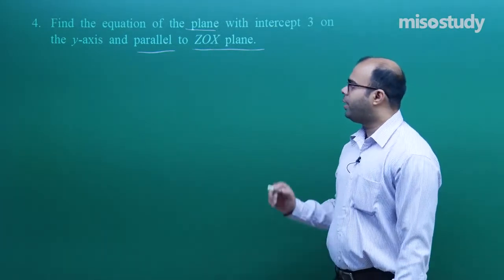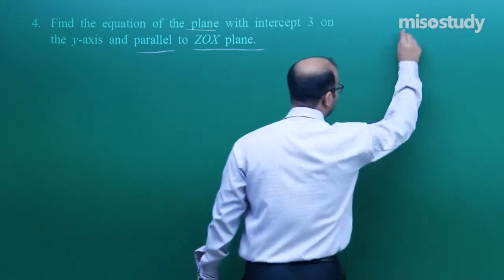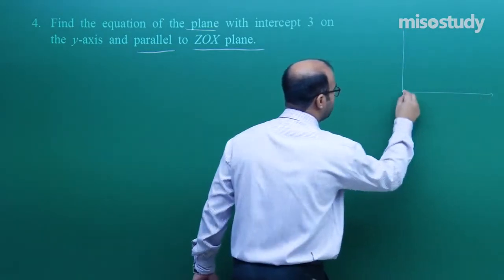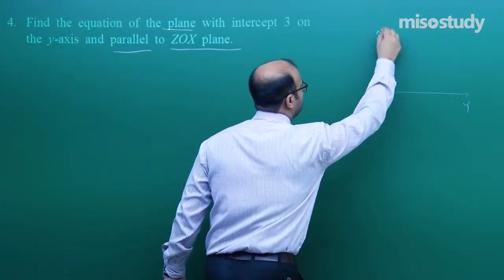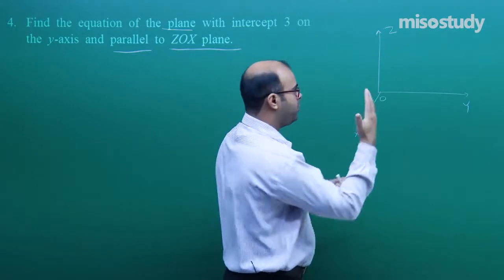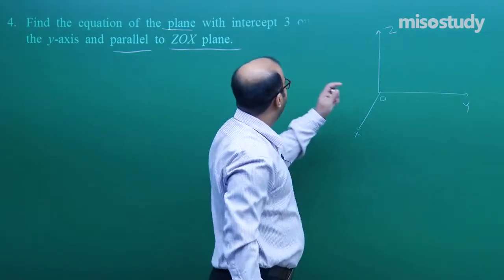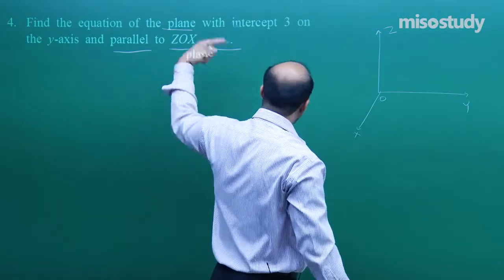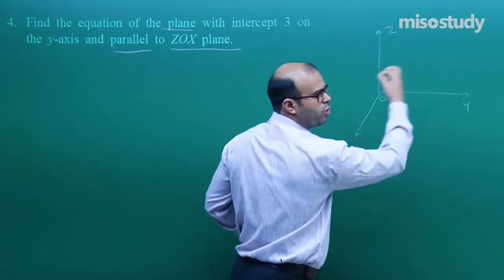So if it is perpendicular to ZOX plane, in that case let us consider that this is the figure: this is your x axis, this is origin, this is y axis, and this is z axis. This is the ZOX plane. Actually, if you see in the 3-dimensional figure, this is the ZOX plane. The given plane is actually parallel to it, so its normal is perpendicular to this plane.